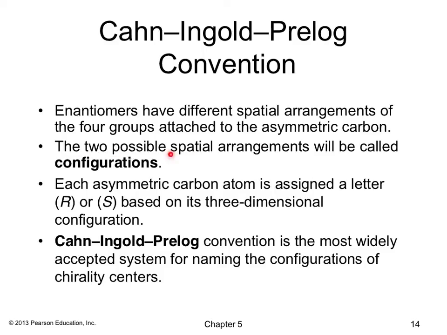There are 2 possible spatial arrangements, and we call them configurations. Each asymmetric carbon atom is assigned a letter R or S based on its 3-dimensional configuration, and we'll talk about that assignment. And it's based on this Cahn-Ingold-Prelog convention to name that R or S configuration.